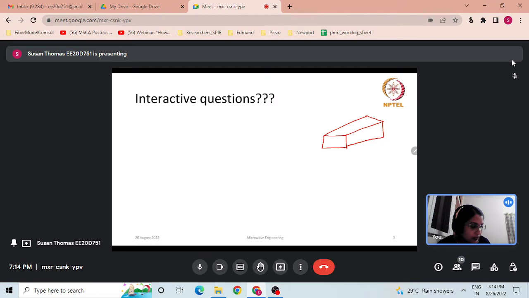Suppose you have the front of the waveguide and the back of the waveguide, and both of these are short circuited, and I can say this will be called a cavity. So I can call this a cavity resonator. So this is a rectangular cavity resonator. Similarly, if this is a circular or cylindrical cavity, then we call it a circular cavity resonator.